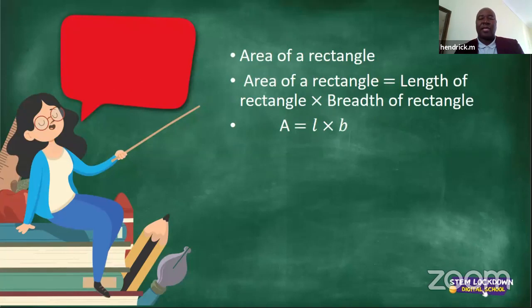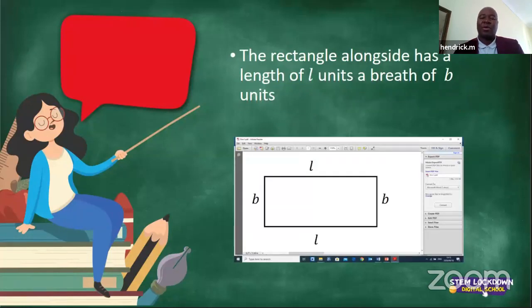Yesterday we spoke about the area of a rectangle and we defined it as follows. The area of a rectangle is equal to length times breadth. We equally discussed the various points which can be used when you calculate the perimeter.